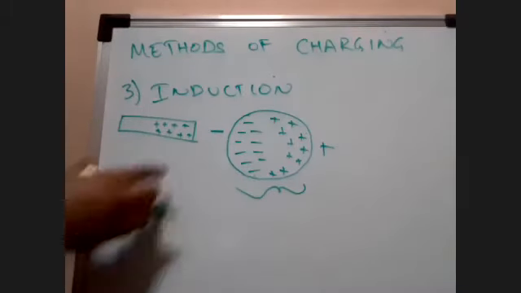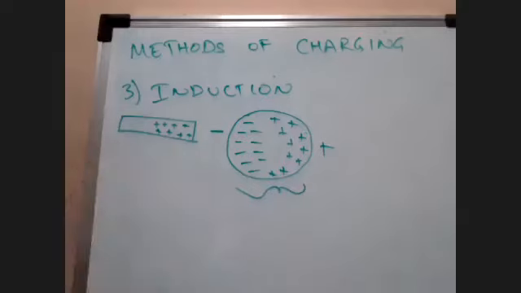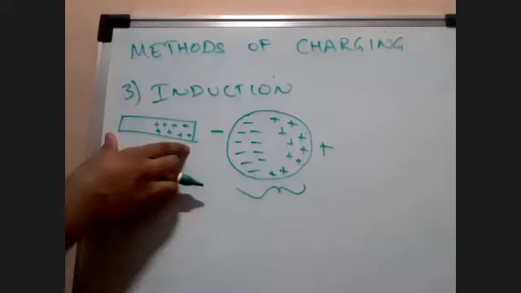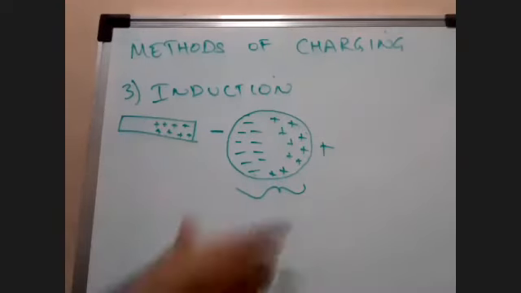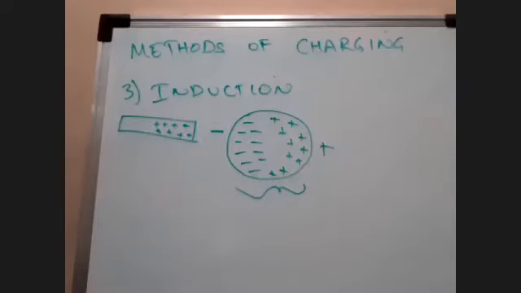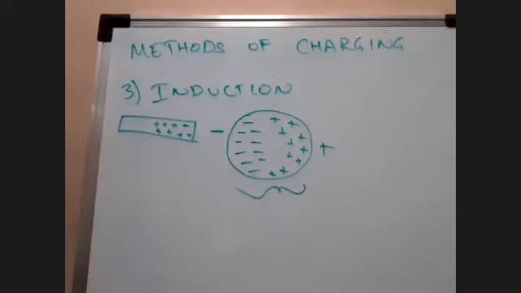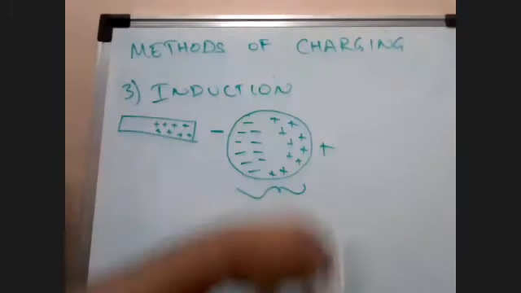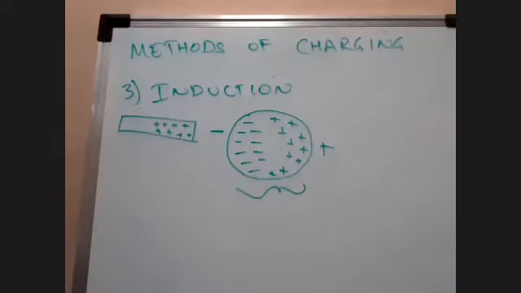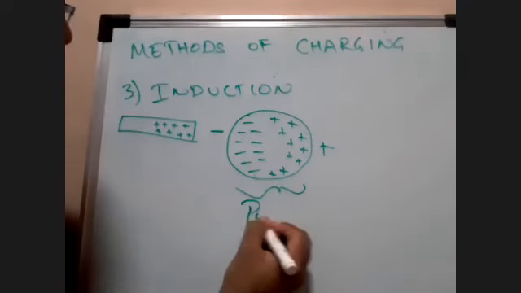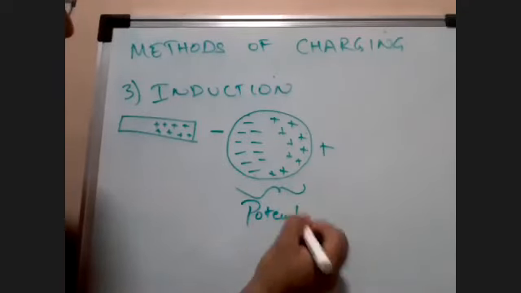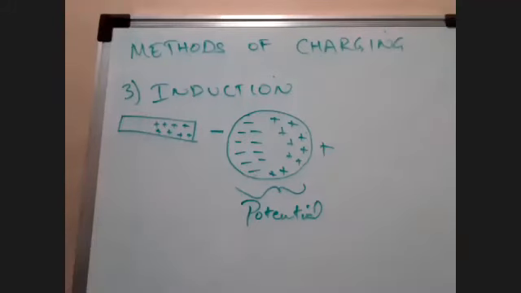If you bring a positively charged object next to a conductor which is neutral at present, it will attract electrons towards its side, and it will repel all the positive charges towards the other side. So basically you create a potential.